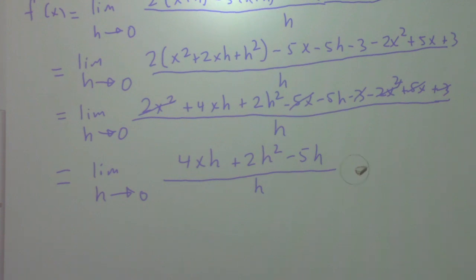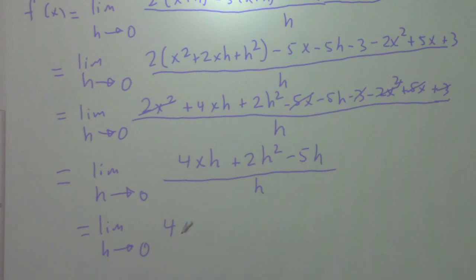Okay. And then that's going to be equal to the limit as h approaches 0. And now if we divide, in fact, I think I don't even have to do that. What's 4xh divided by h? 4x.